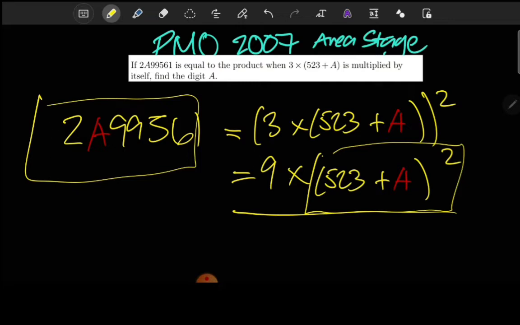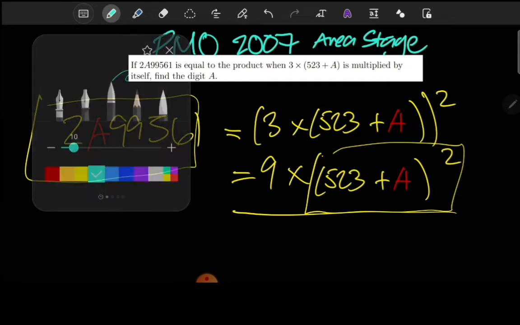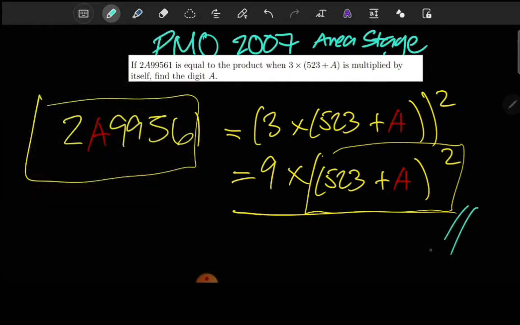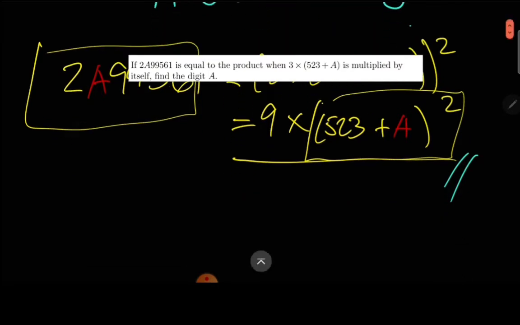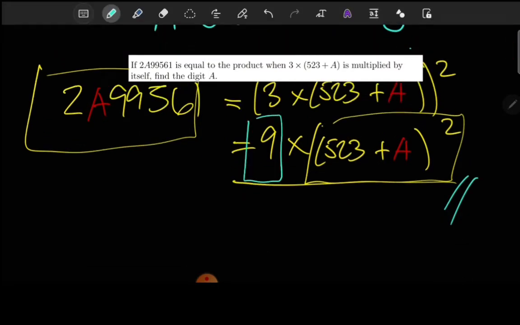If I were you, I would choose 9, because if I choose this number, the problem solving will be so much harder than you thought. So I'm going to use modulo 9.